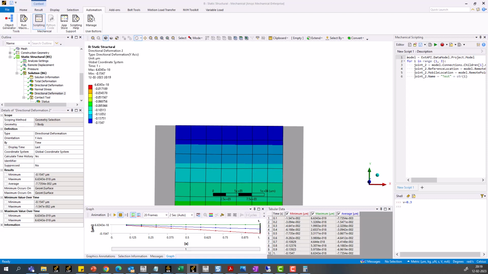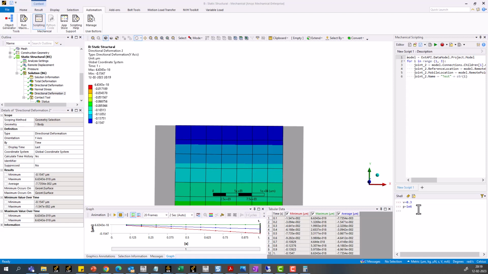So v is equal to 0.3. Pressure was 1 MPa, so I'm going to put 1e6. Okay, something I did wrong.